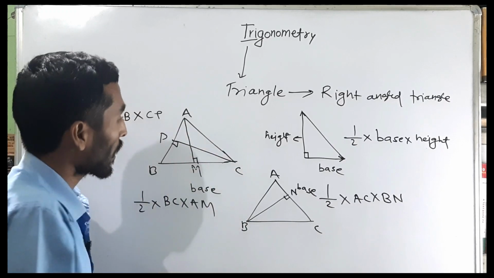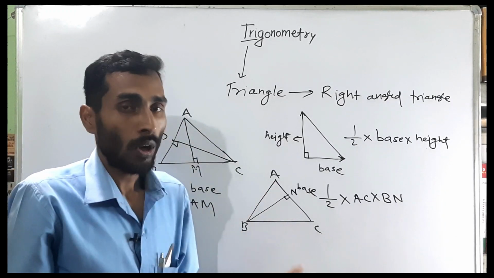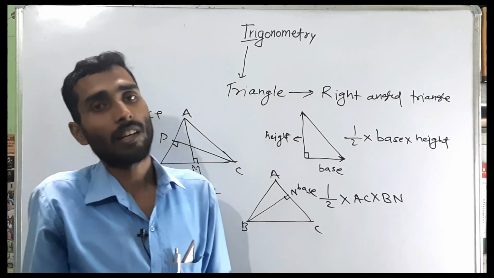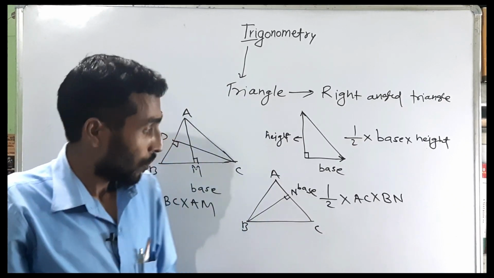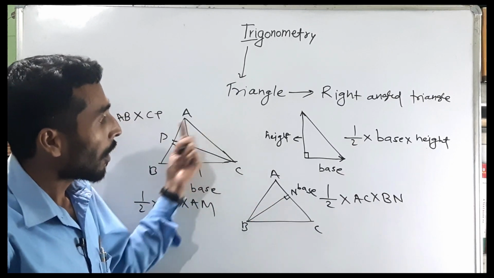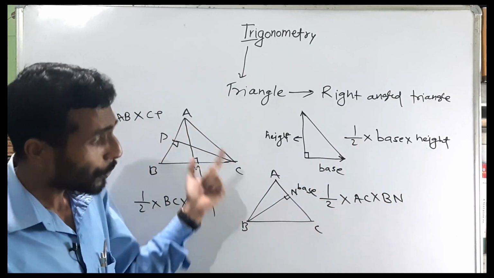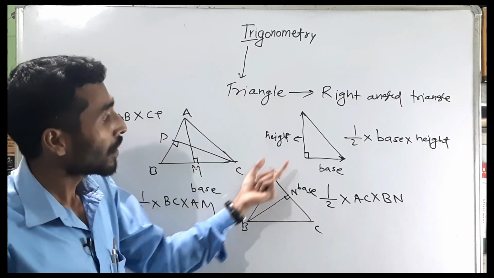So in this way we can find the area of a triangle, no matter whether this triangle is isosceles, equilateral or scalene. Basically these formulas come from the right angle triangle. Okay, that's why this is a very unique property.